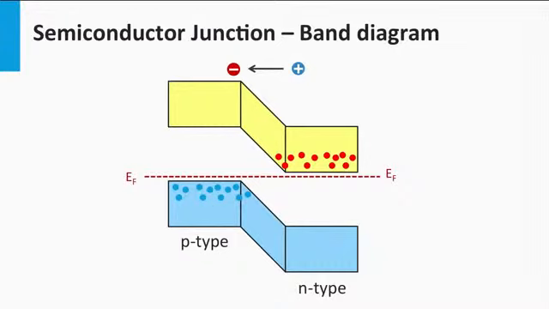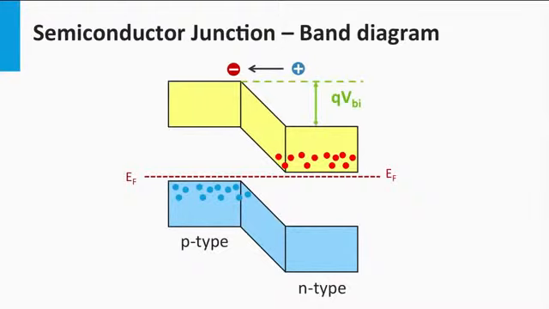If we equalize the Fermi levels, the conduction and valence band are bent in the depletion zone. We see that in thermal equilibrium, the valence and conduction band have a steep slope across the depletion zone. As discussed earlier, a slope in an electronic band diagram represents an electric field.